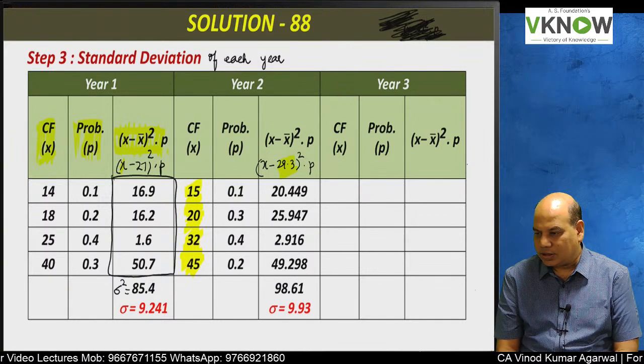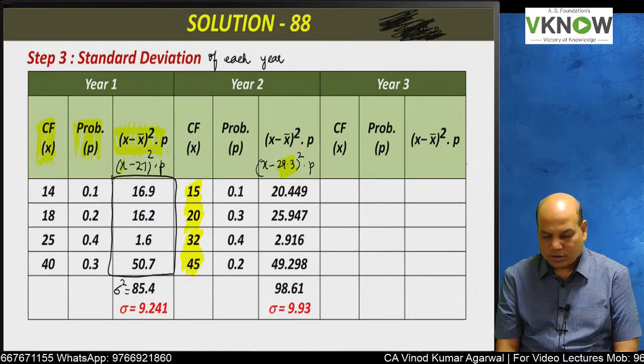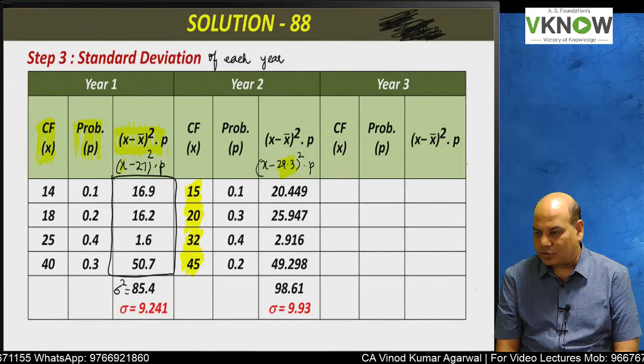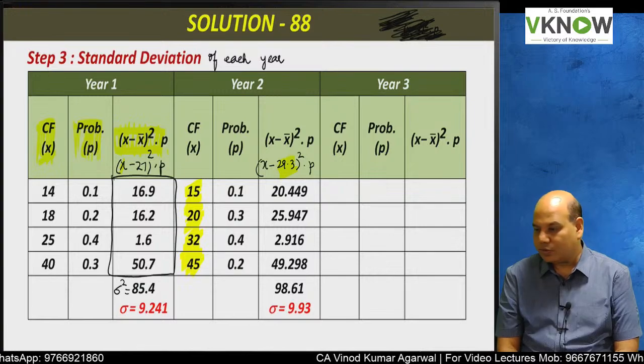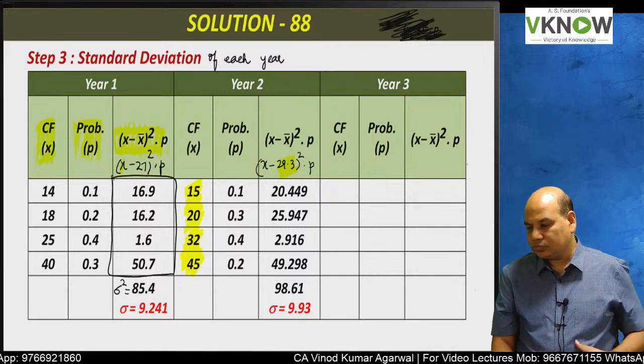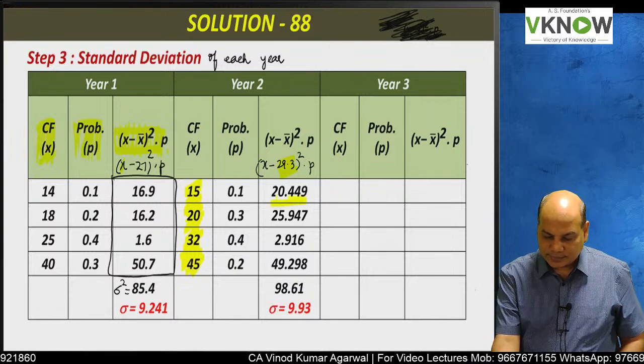I am getting 98.61. No problem. Take the square root. Is it 9.93 approximately? Please check your calculation again. Check these numbers again.